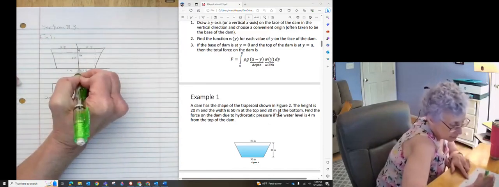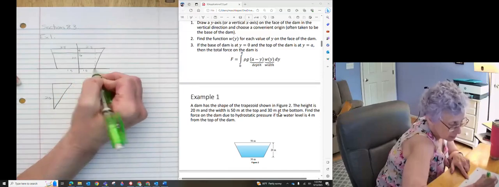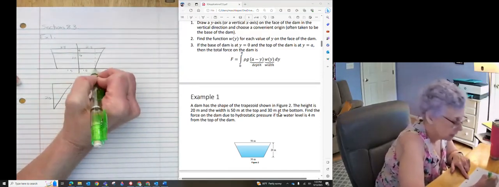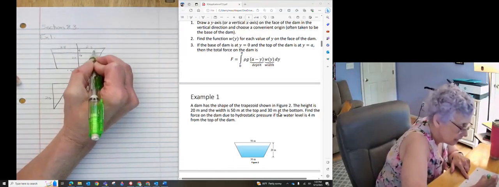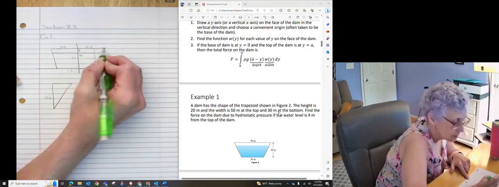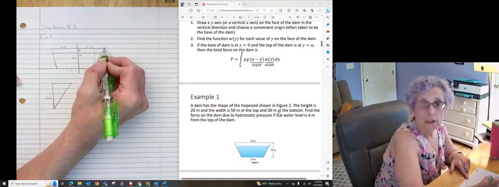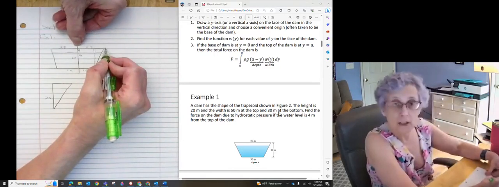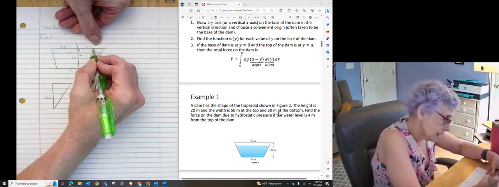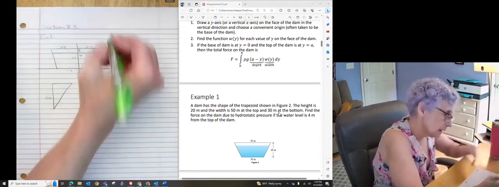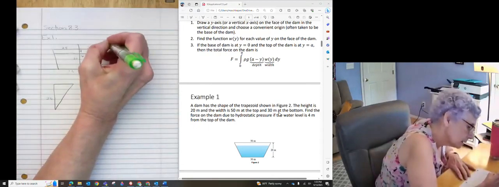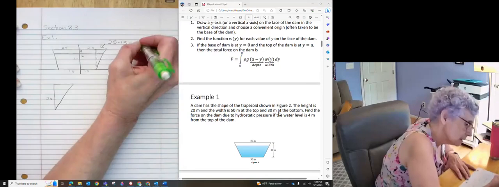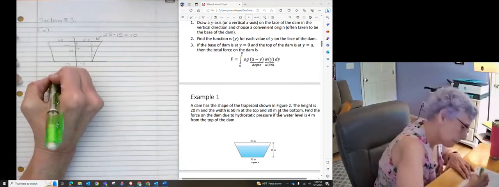Now, it's 15 meters from the origin to the edge of the base, and it's 25 meters from the y-axis to the edge at the top. So that means the length here is 25 minus 15, which is 10.